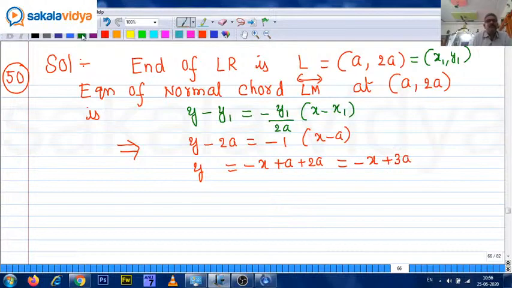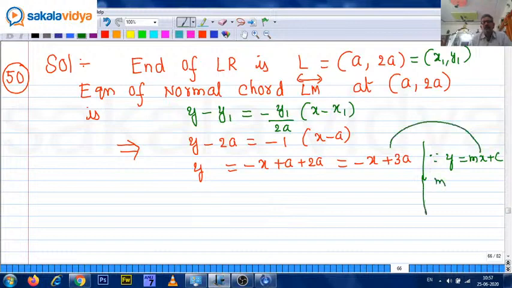So it seems to be y equals mx plus c. Here, comparing this one, m equals minus 1, c equals 3a.